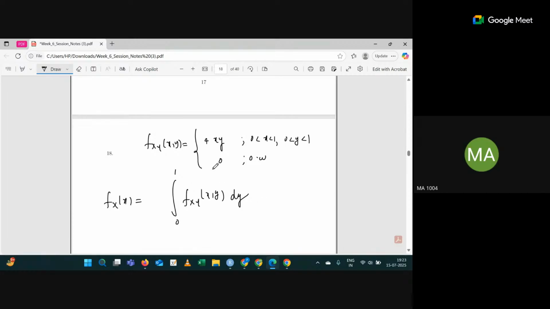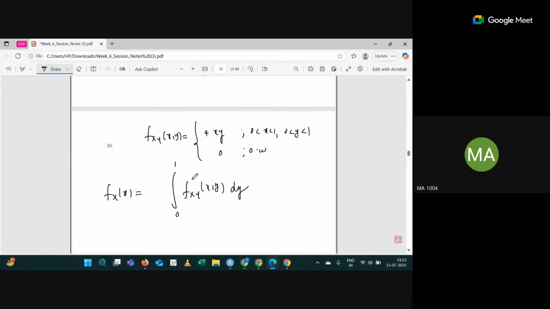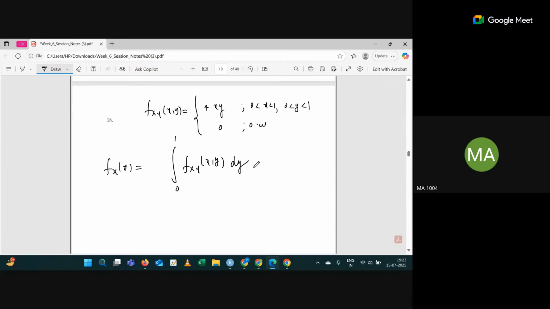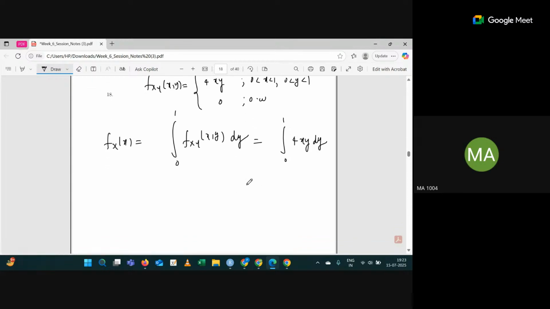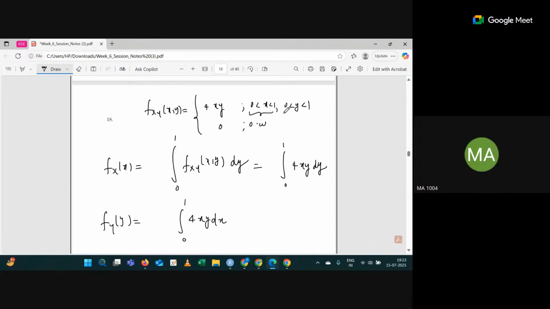So you integrate 4xy from 0 to 1 with respect to y. Now to get the marginal density of y, I will integrate 4xy from 0 to 1 with respect to dx. Understood? I'm not doing the integration now; we will see some questions. The limits 0 to 1 are normally given in the question.